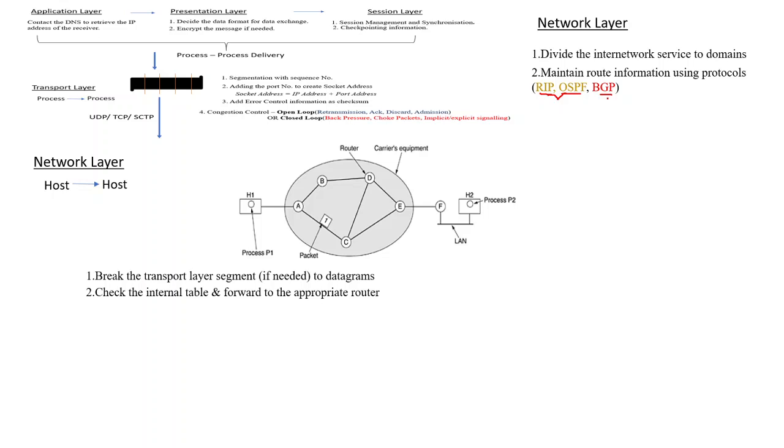Now, in the network layer, as it receives the message from the transport layer, it might need to break down the transport layer segment again. Each subnetwork in this system has a maximum transfer unit, or the frame size, and if the segment size is greater than this maximum transfer unit, that segment needs to be broken.